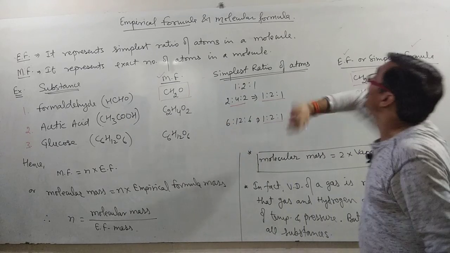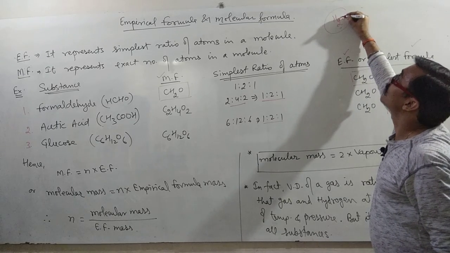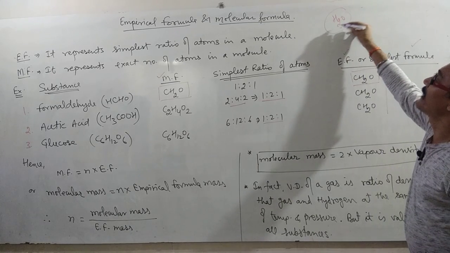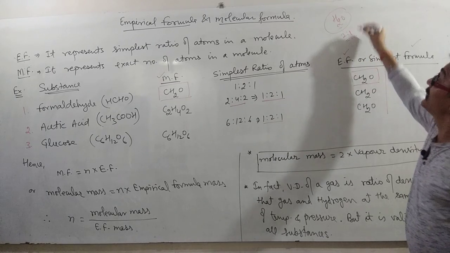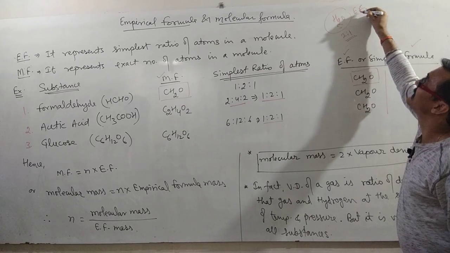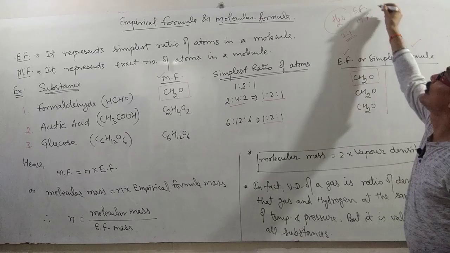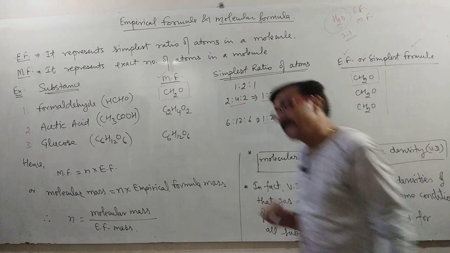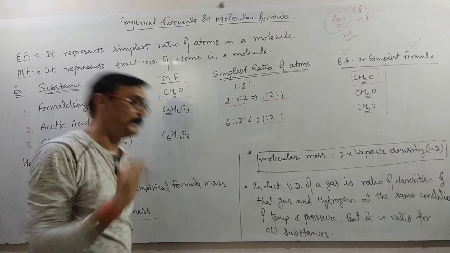For example, in case of water, H2O, the ratio of hydrogen and oxygen is 2:1. It is the simplest ratio, so it is also the empirical formula, and it is also the exact number of hydrogen and oxygen atoms in water. So it is the molecular formula also. So the molecular formula as well as the empirical formula of a substance may be similar.